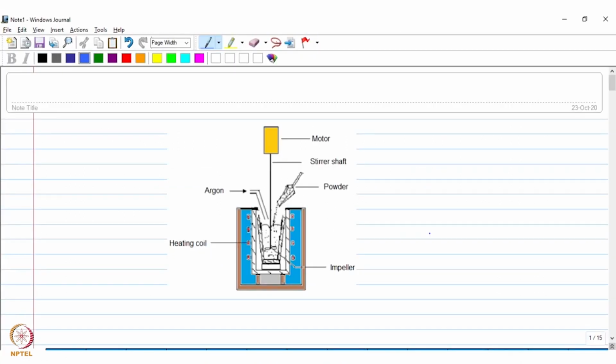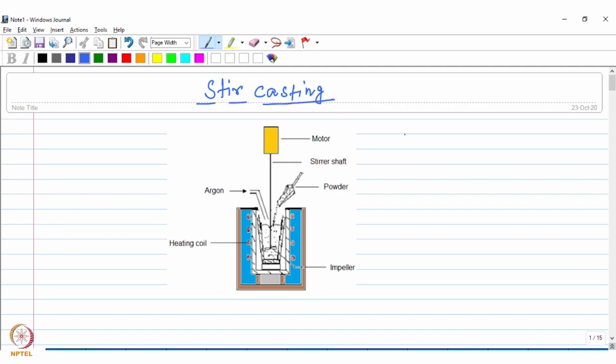So one of the simplest methods that you have in the liquid metallurgy route is this one, known as stir casting.